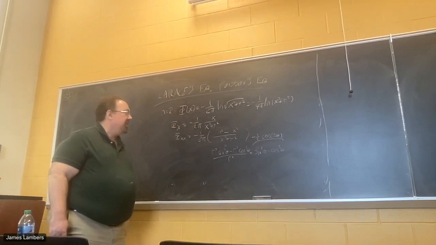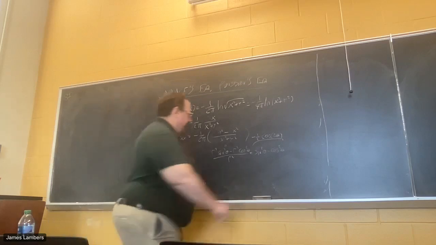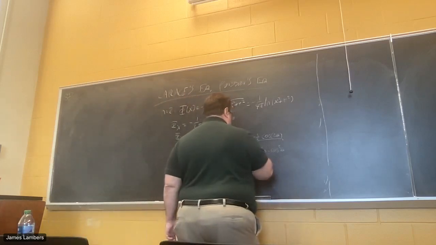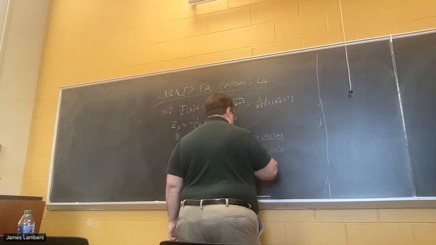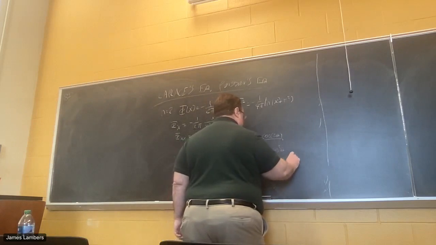So cos 2 theta is 2 cos squared theta minus 1, and 2 sine squared theta minus 1 is the other. If I add them both, we get sine squared theta minus cos squared theta, 2 is the common factor, equals cos 2 theta, using a half angle formula.